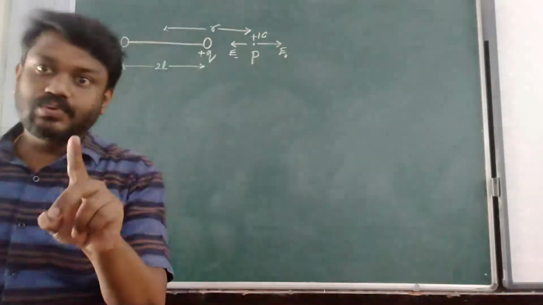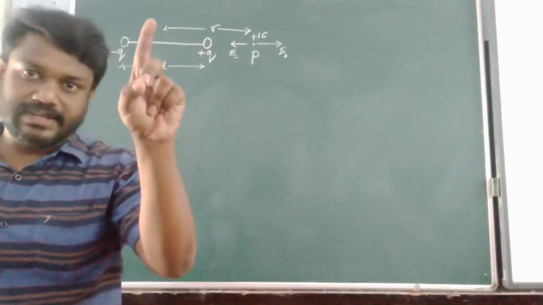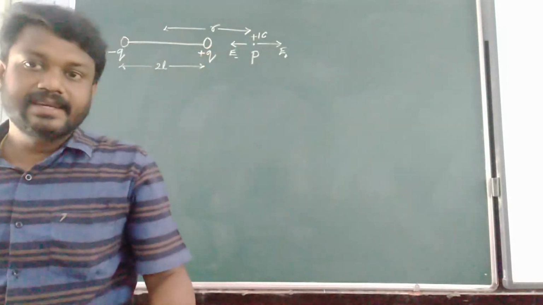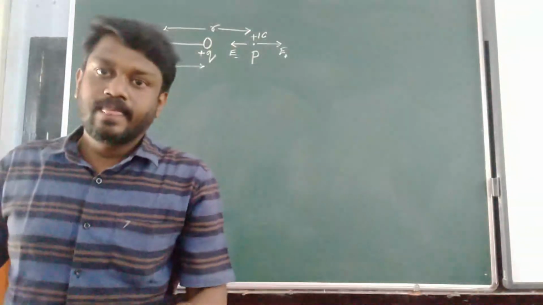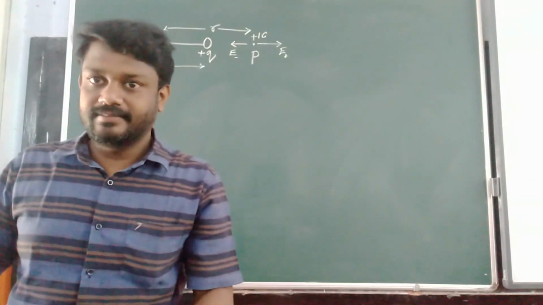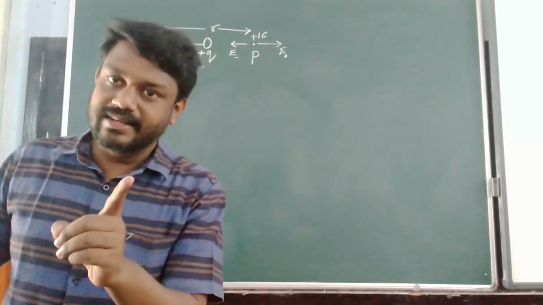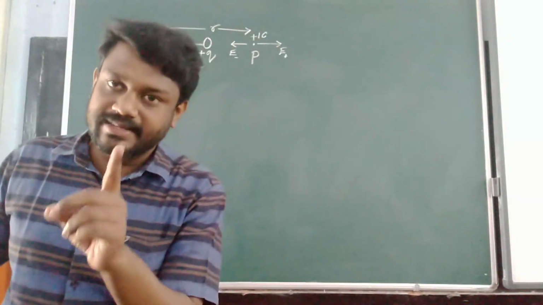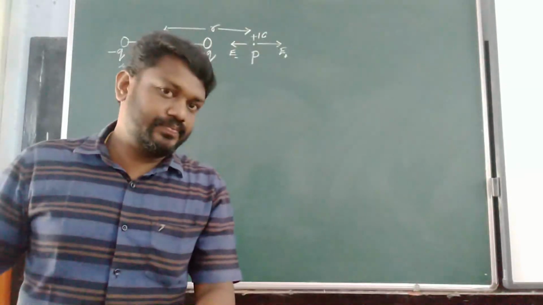Since plus q and minus q are exerting force on the 1 coulomb positive charge placed at the required point, we can say that these are the electric field intensities due to the plus q charge and the minus q charge. Are you getting it? So the total electric field intensity at the required point will be the sum of the electric field intensities produced by plus q and minus q.